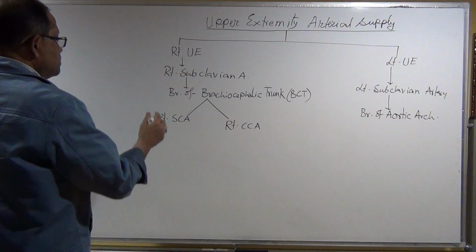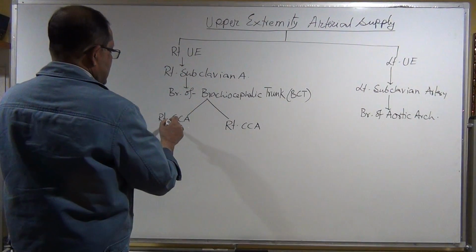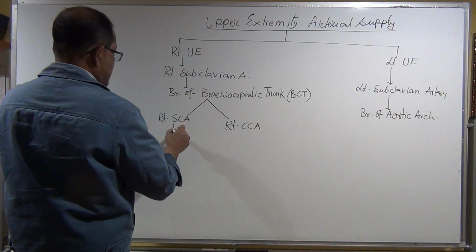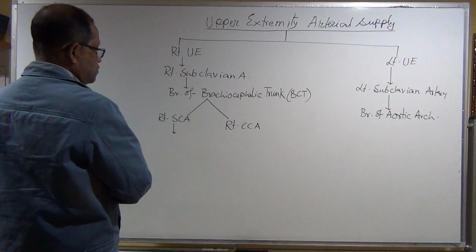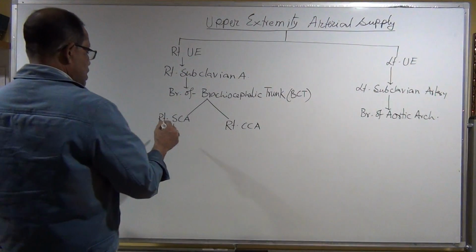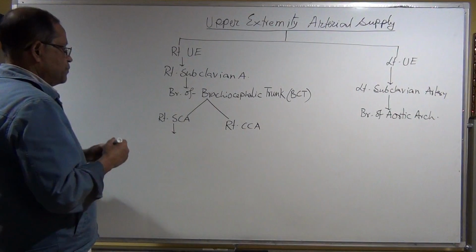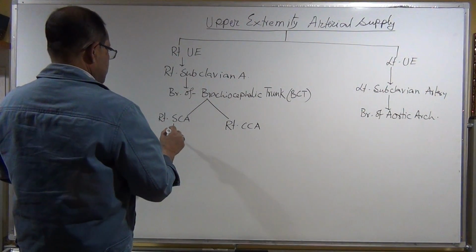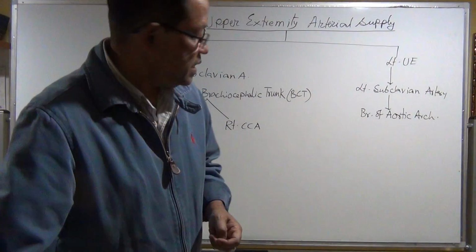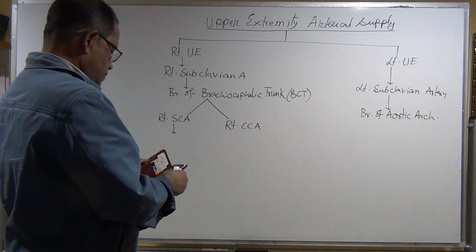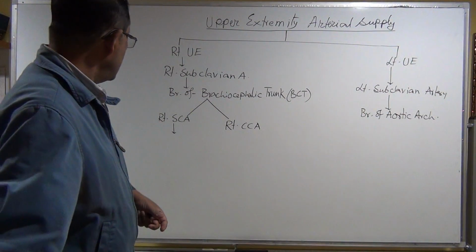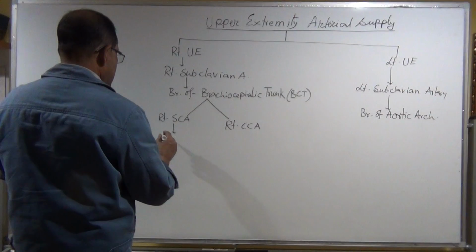Now the right subclavian artery is a continuation of the axillary artery.